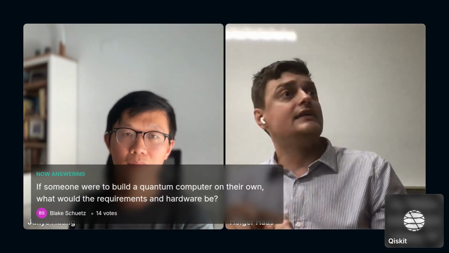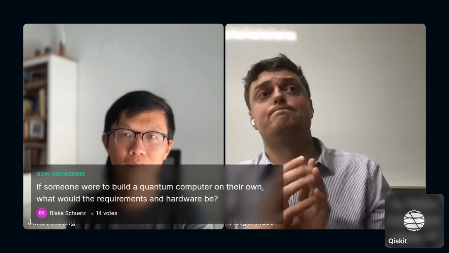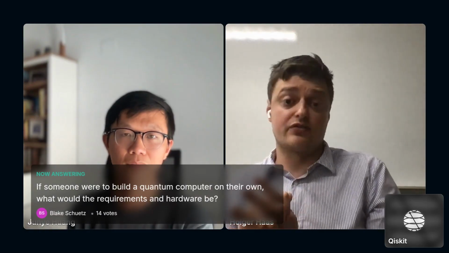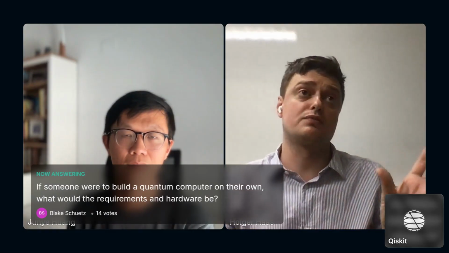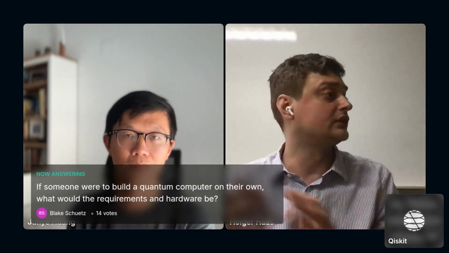And also your qubit states have to be long lived, so your coherence times have to be sufficiently long for all of this to work.